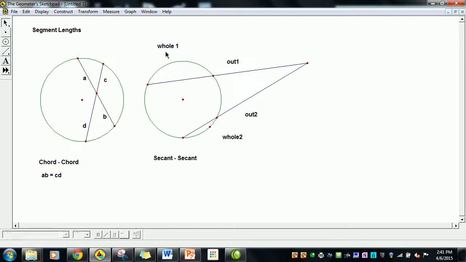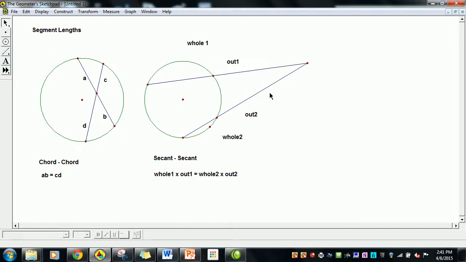So what the secant rule says is the product of the whole times the outside piece of the first one is equal to the product of the whole length times the outside length of the second. So the way I would write that is whole times out equals the second whole secant times its outside piece.